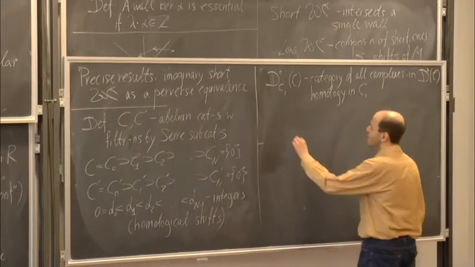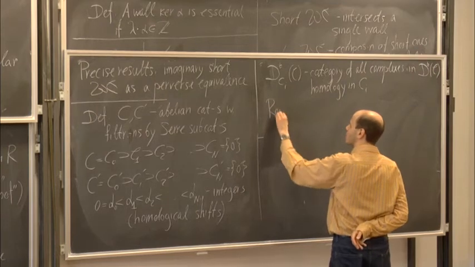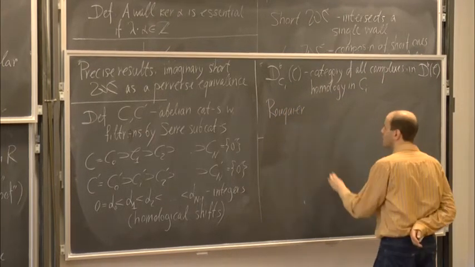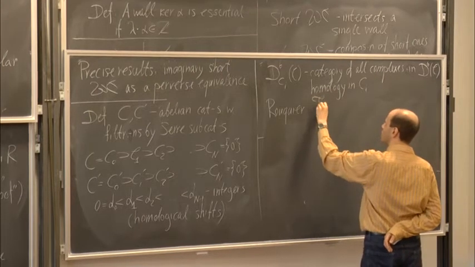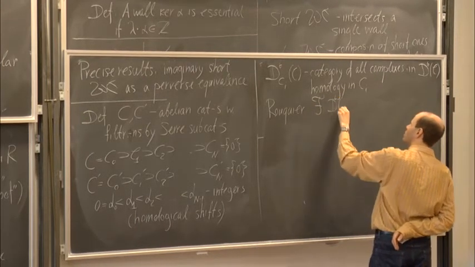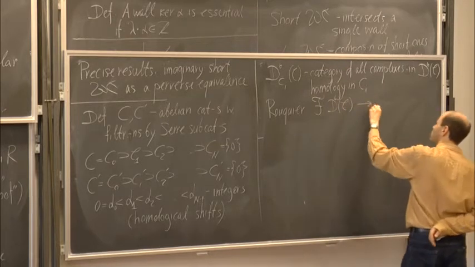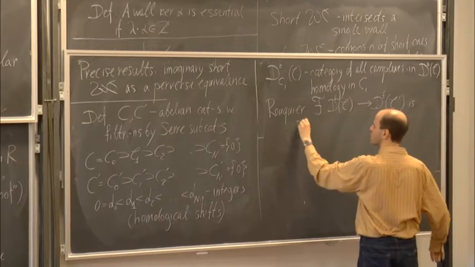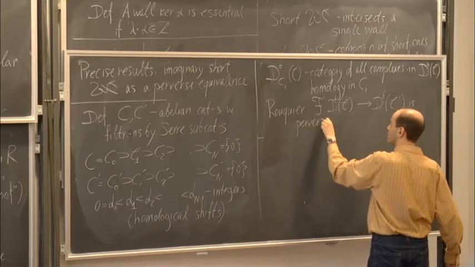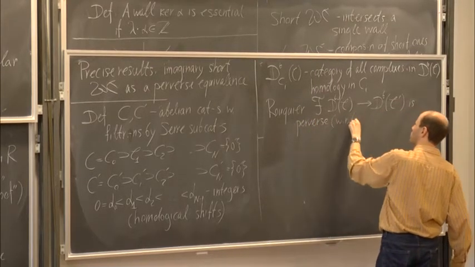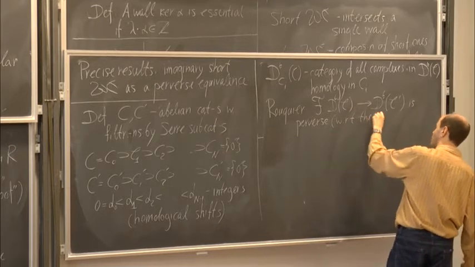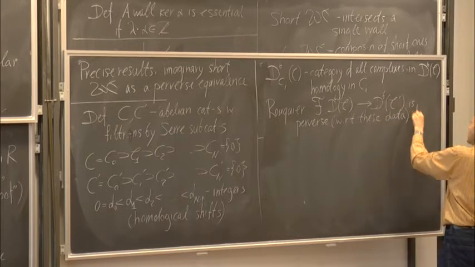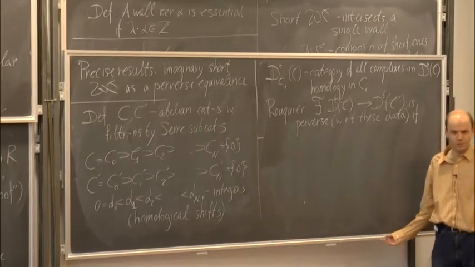Now, there is the following definition which was given by Rouquier. We say that a derived equivalence F from D^b(C) to D^b(C') is perverse with respect to this data, meaning the filtration and the shifts, if the following three conditions hold.